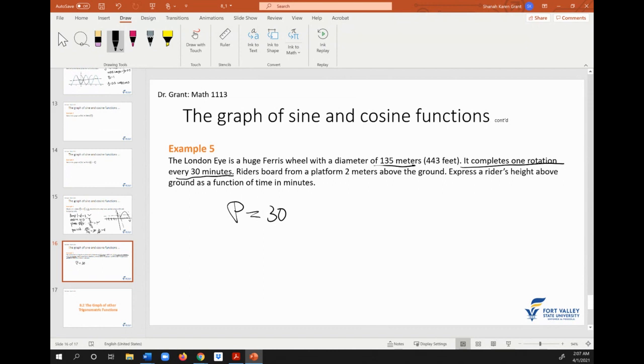Okay, so we really have to read through to see what is what. So, okay, if we have a diameter of 135, then the wheel has a radius of 67.5, right? So our radius is 67.5, okay?